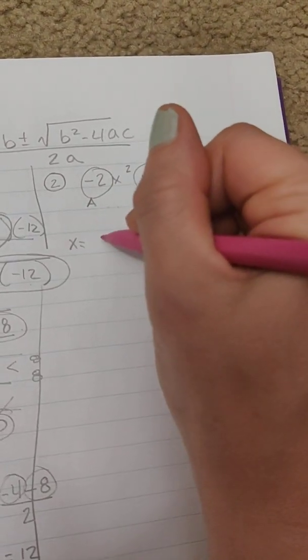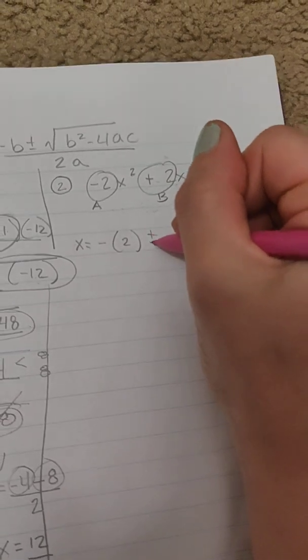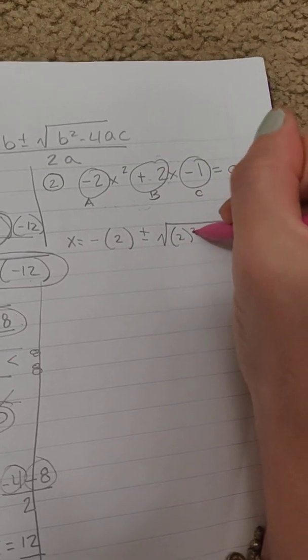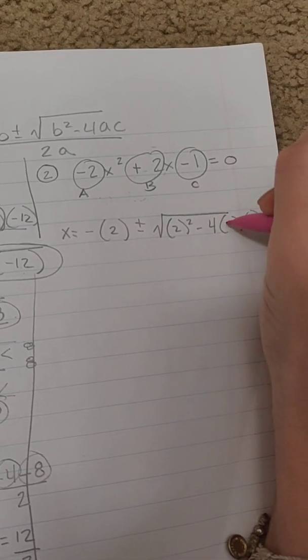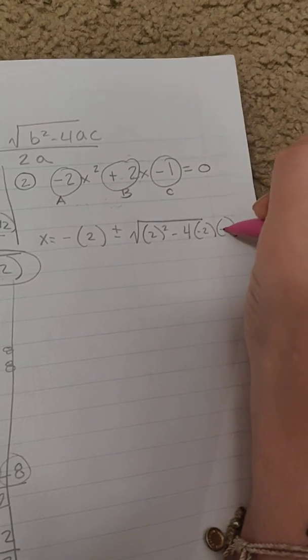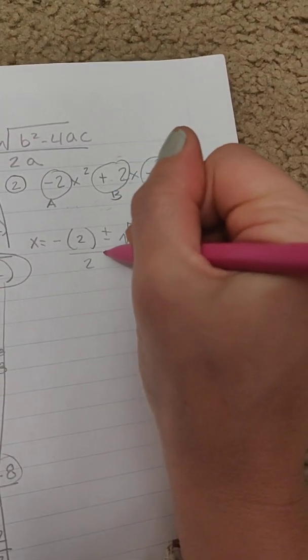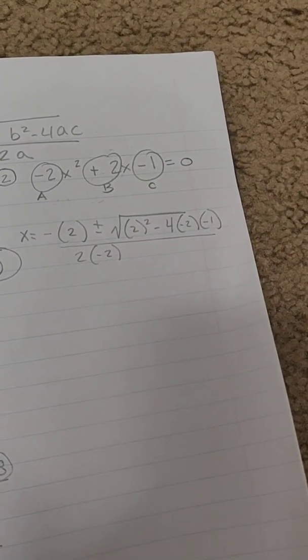So x equals negative b, and b is 2, plus or minus the square root of b squared minus 4ac, and our a is negative 2, and our c is a negative 1, divided by 2 times a, and our value of a is negative 2.